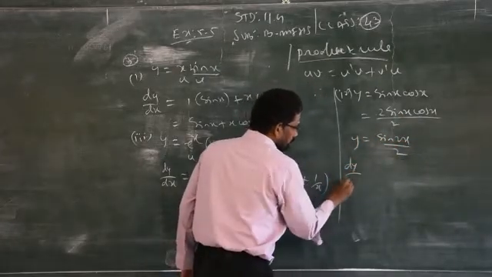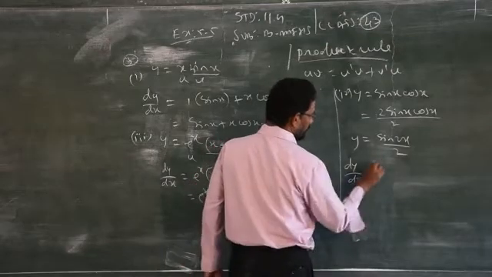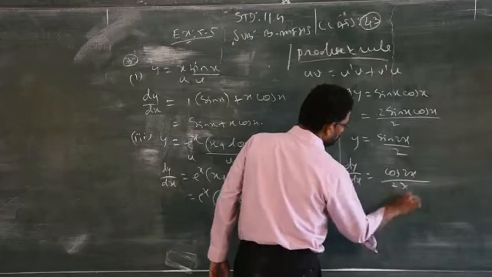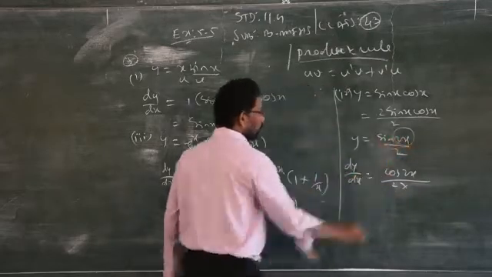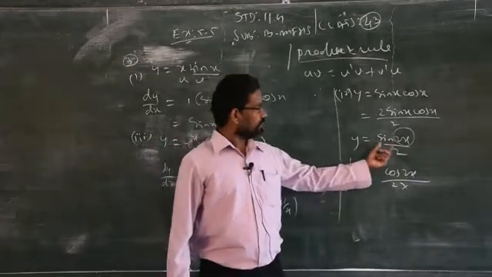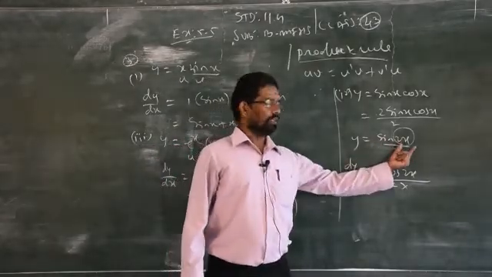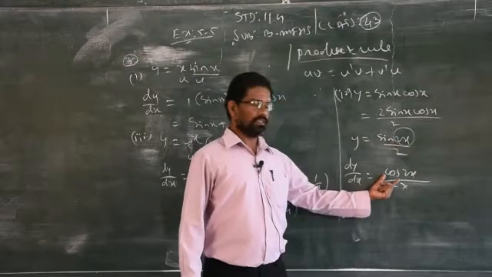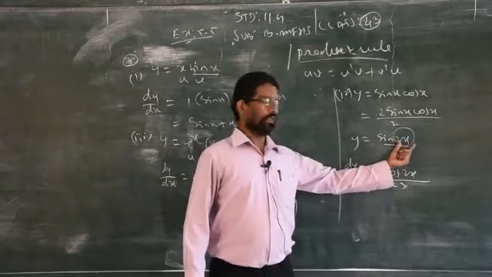Clear? Now, you differentiate sin 2x: sin will become cos 2x by 2 into the differentiation of 2x. So, when a ratio comes under the derivative, first you differentiate the ratio, then you have to differentiate inside the bracket. So, the differentiation of sin is cos, then you have to differentiate 2x.